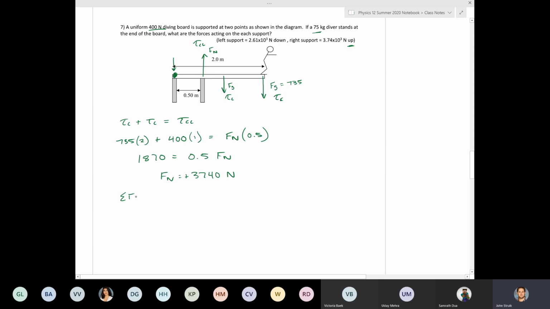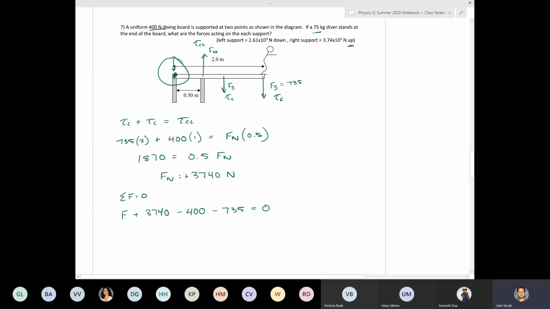So whatever force this is, we'll call it F, plus this Fn that we just found, 3740, minus 400 minus 735 equals 0, because all the forces have to equal 0.